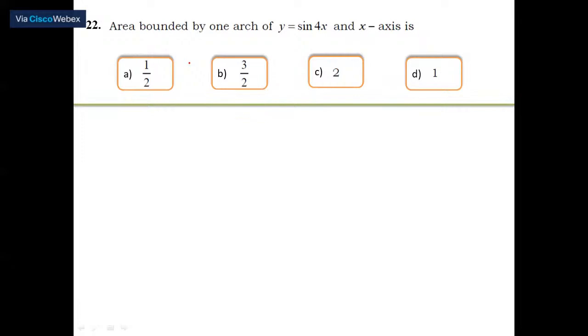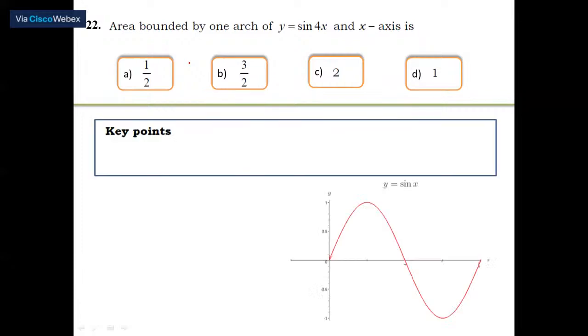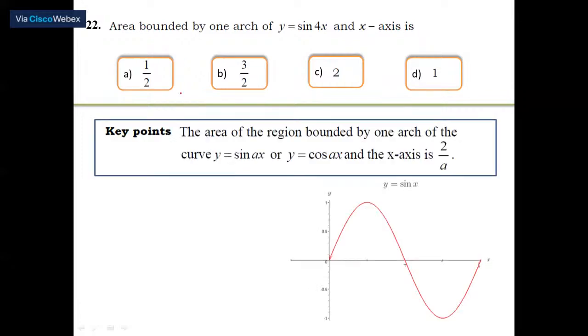When it is given as sine ax, it should be 2 by a. It's not only for sine, even for cos also. When it is asked to find the area of the region bounded by one arc of the curve, that may be sine ax or cos ax, the area is 2 divided by a.